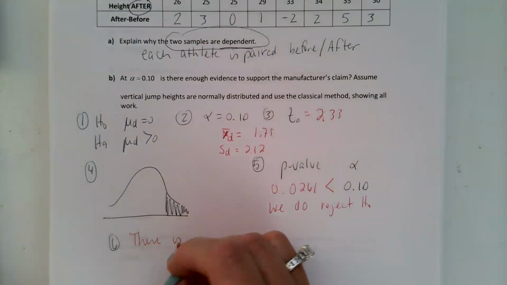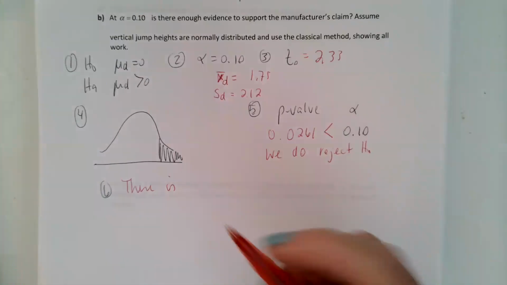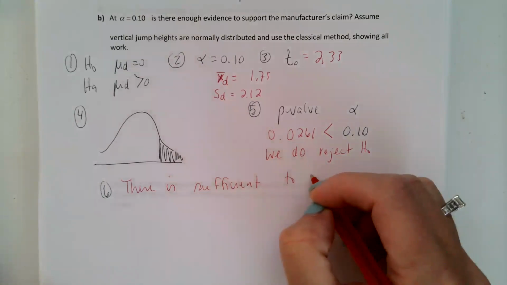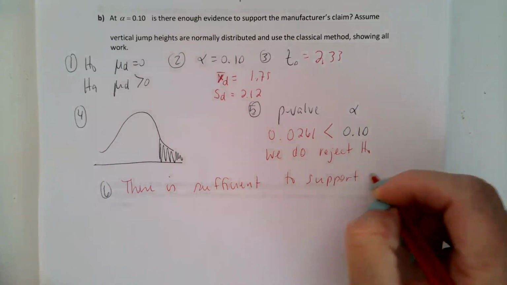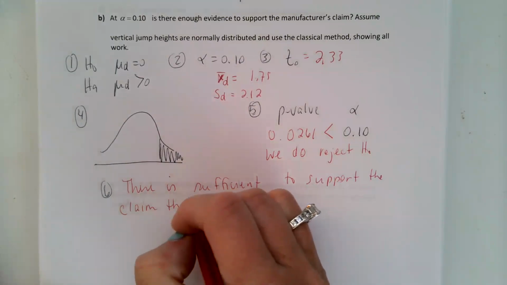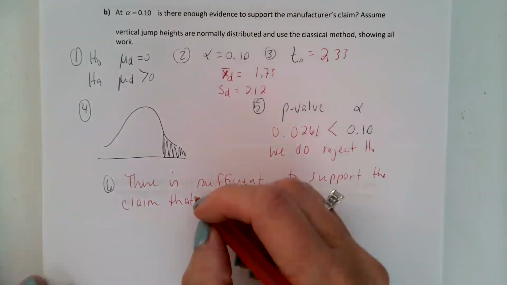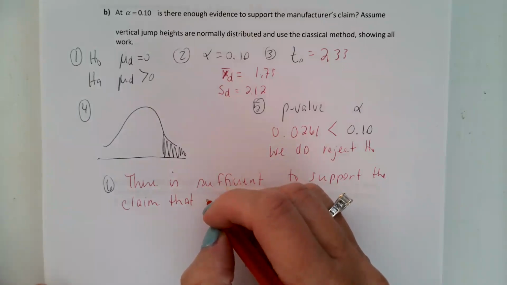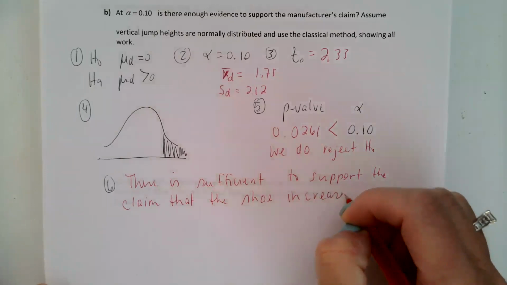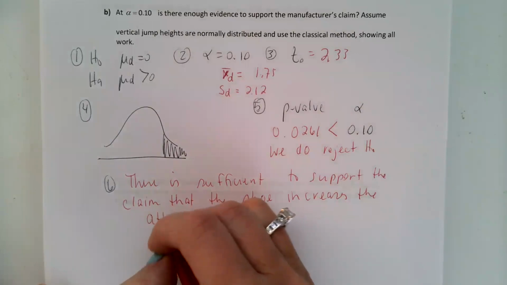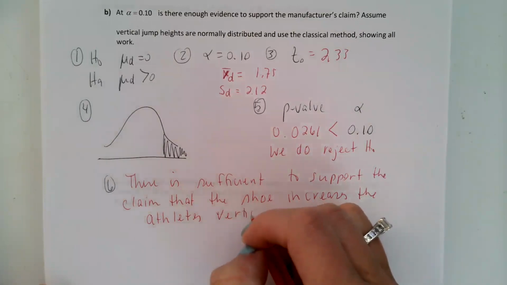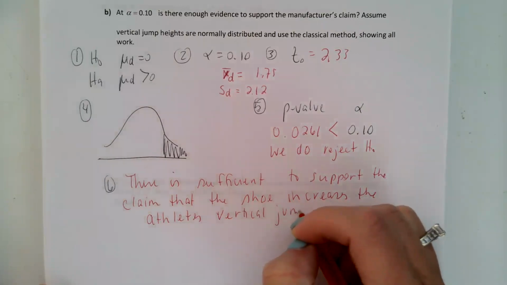So there is sufficient evidence to support the claim that the shoe increases the athlete's vertical jump height.